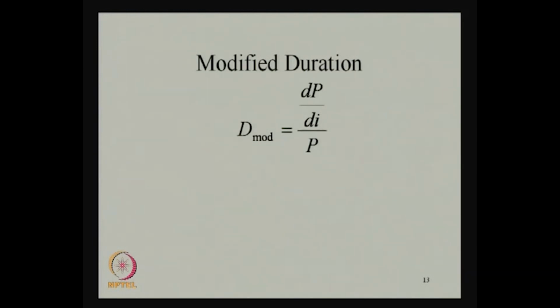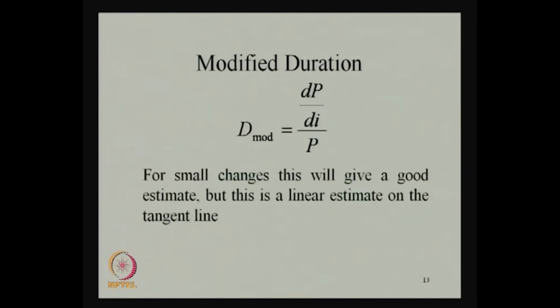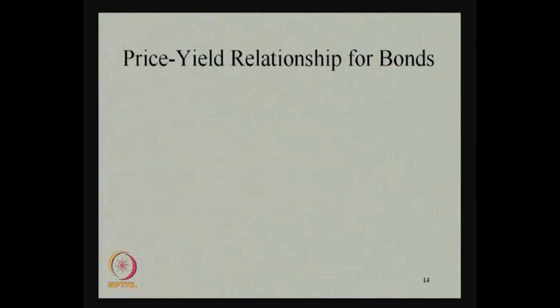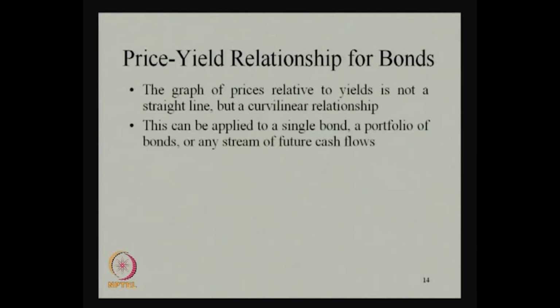If you want to see how the modified duration is measured, it is nothing but the first order derivative of the price of this particular bond, dP by di, divided by P. For small changes this will give a good estimate, but it is a linear estimate on the tangent line.